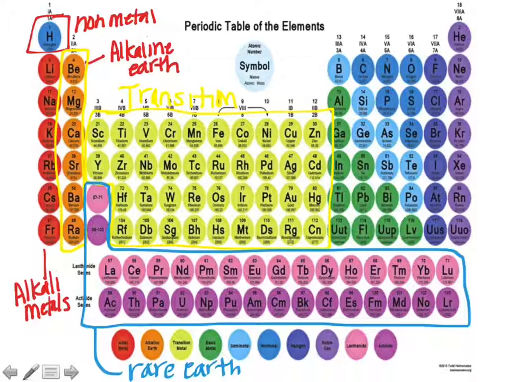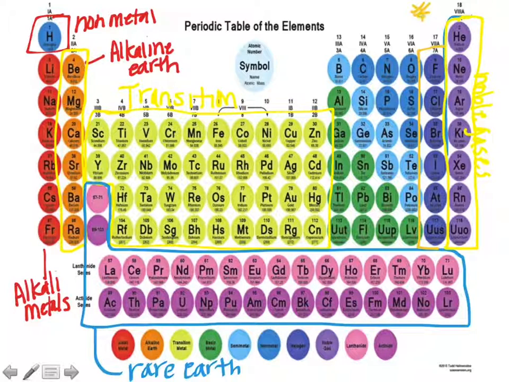Okay, this is where I need you to pay attention. Let me get a different color. The very last column is the noble gases. The column right next to it is called the halogens.